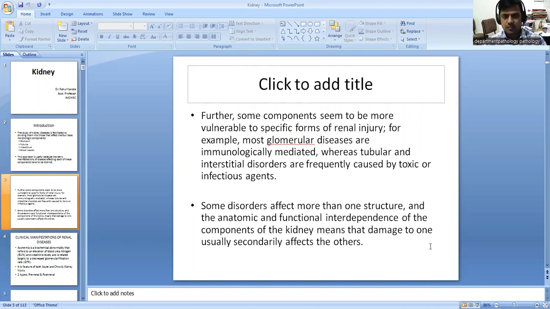Some disorders affect more than one structure, and the anatomic and functional interdependence of the components of the kidney means that damage to one usually secondarily affects the other.